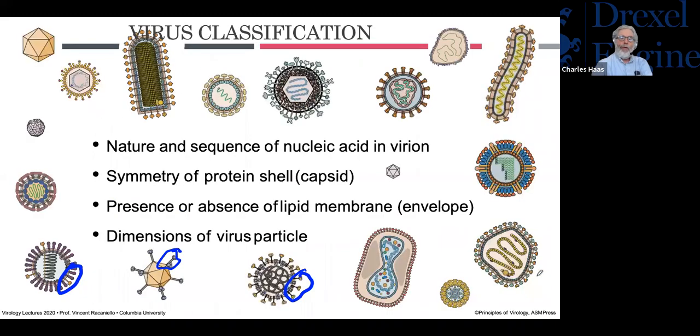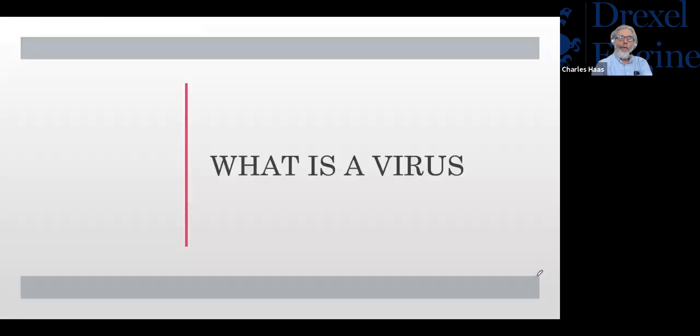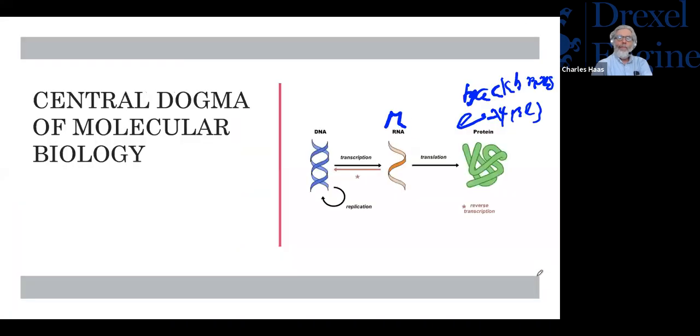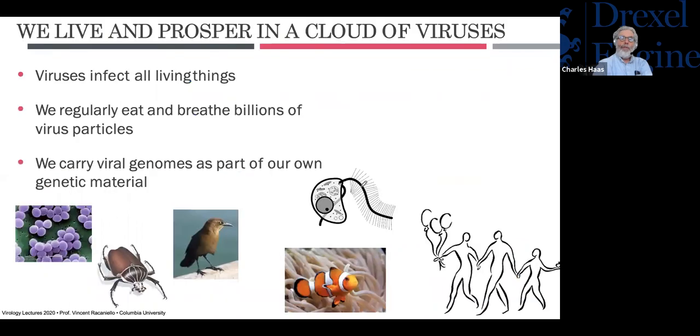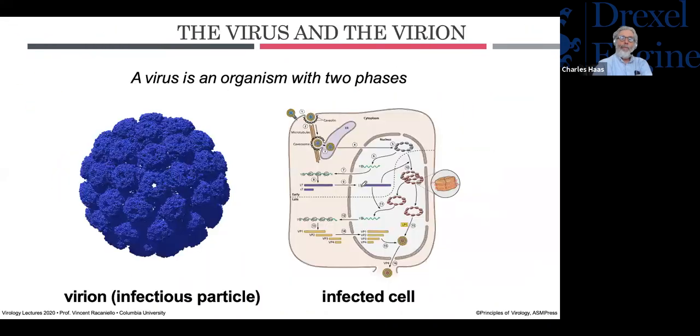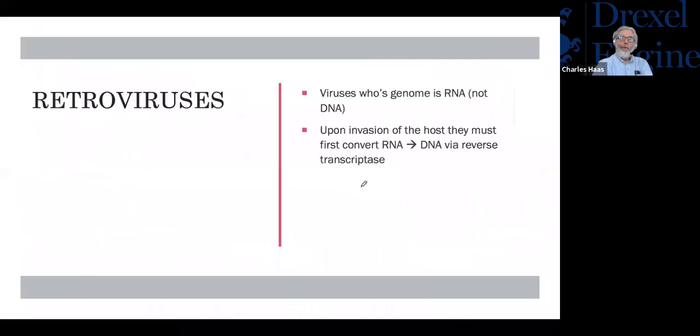Let's go back earlier to the slide I had up. This is reverse transcriptase here, going backwards from RNA to DNA. So retroviruses, retro meaning reverse, have to undergo that first step.